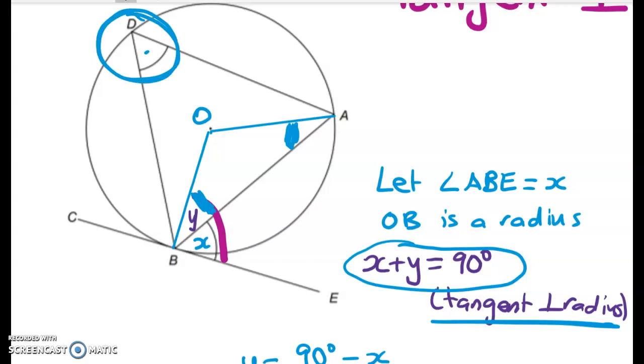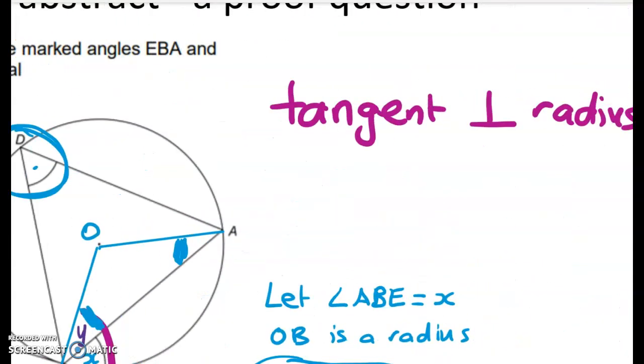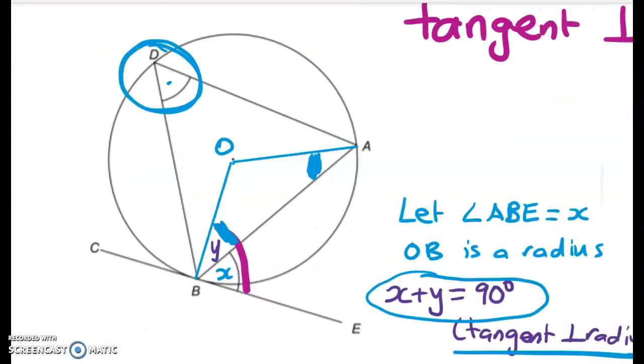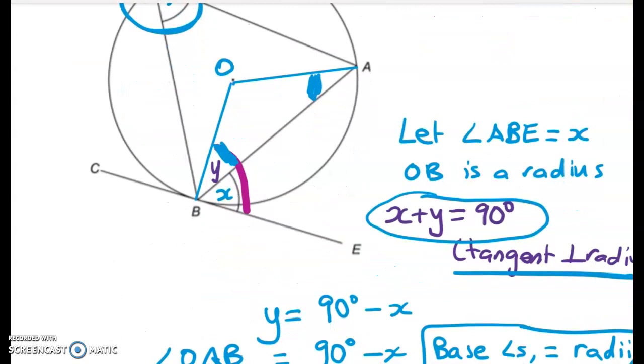I'm just logically going through step by step to see how far I can get. So this all came out of the first idea, which was that the tangent was perpendicular to the radius. And that let me draw in this angle here, Y, and now this one over here. Right? So let's take some of this off. So we've found this angle, and we've found this angle.